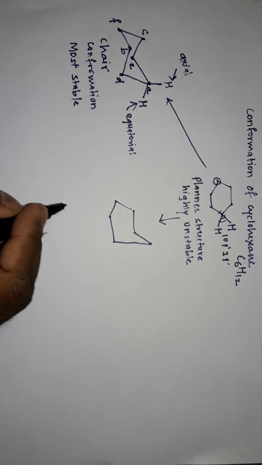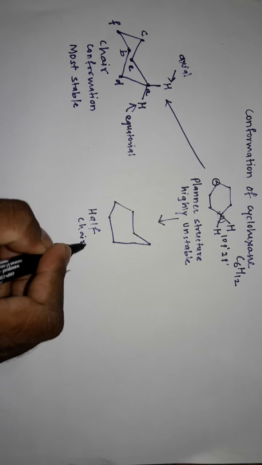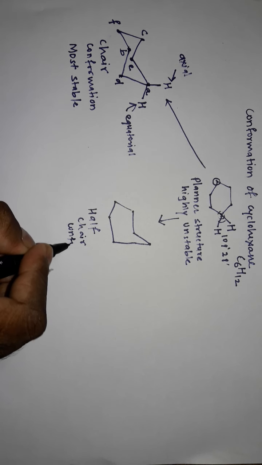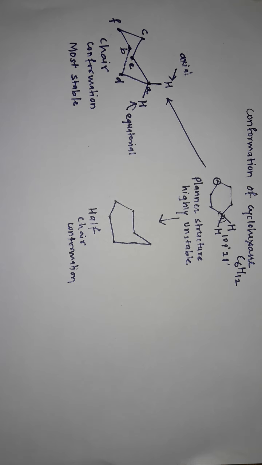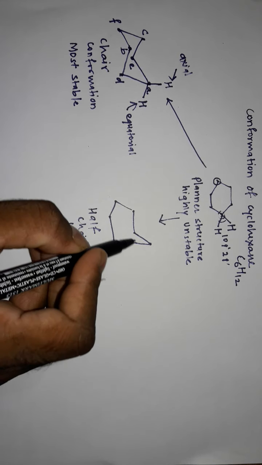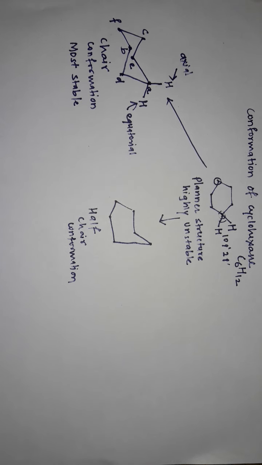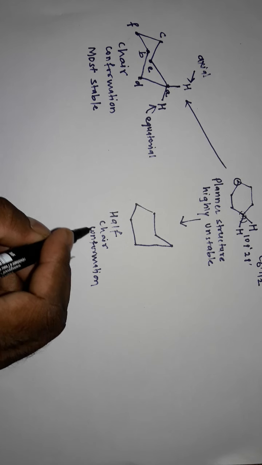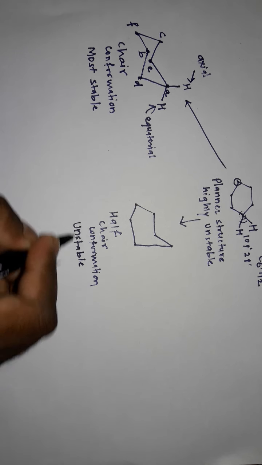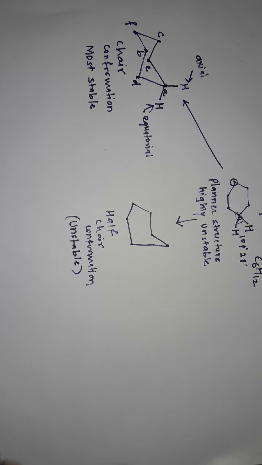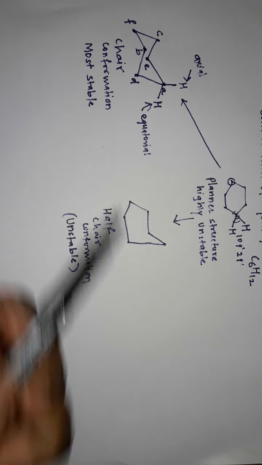So this structure is called the half chair conformation. Since there are 5 carbons in the same plane, this half chair conformer is highly unstable. Obviously it is more stable than planar cyclohexane but less stable than the chair.